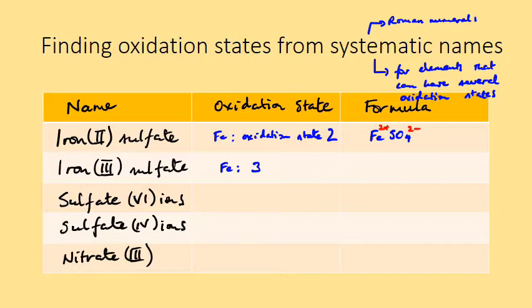Whereas if the ion was of oxidation state 3, the sulfate ion rather is still 2-, so the formula is going to need to be Fe2(SO4)3, and we have to put the SO4 in brackets because we need 3 of those.